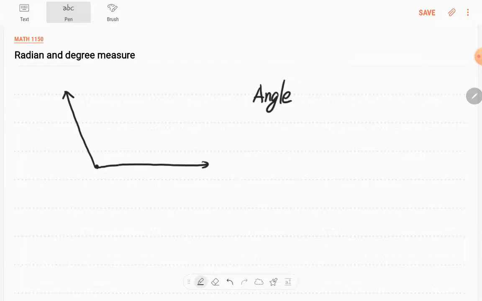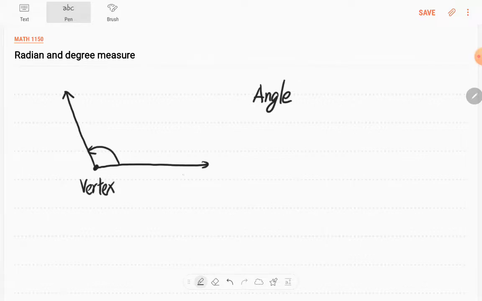We use a symbol to demonstrate this is a rotation, and we use an angle. An angle is formed by rotating a ray about a point, and this point is called the vertex point.